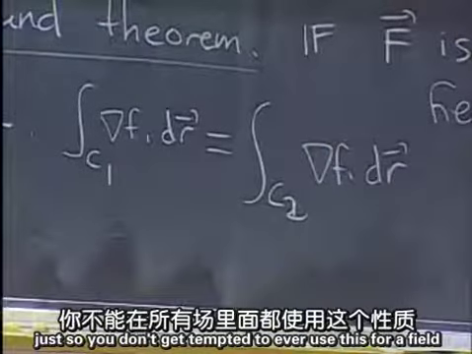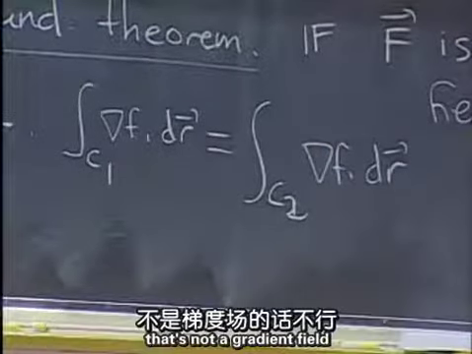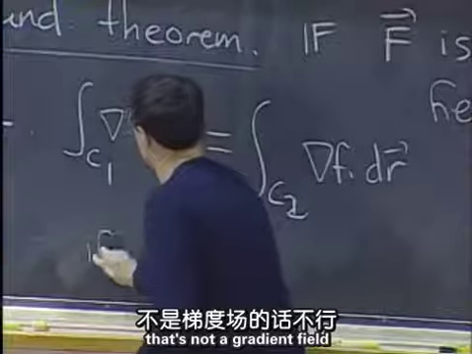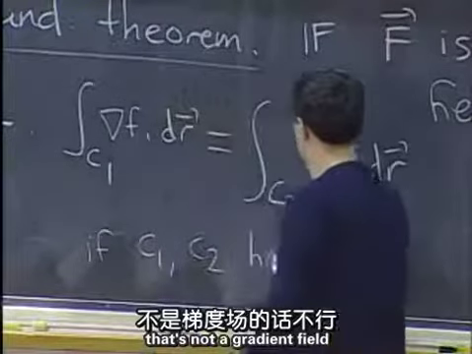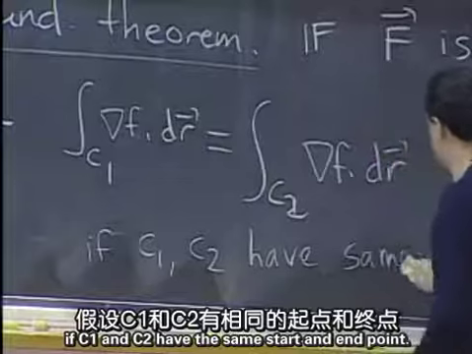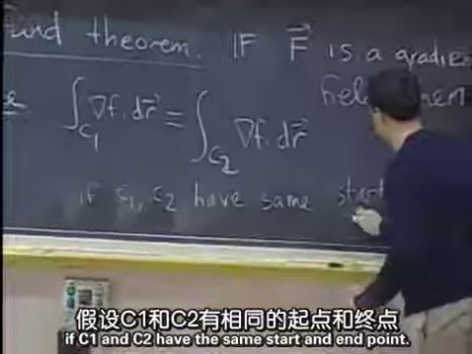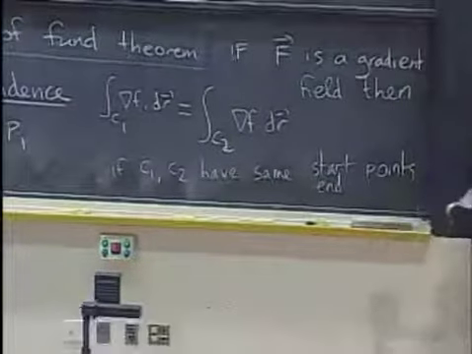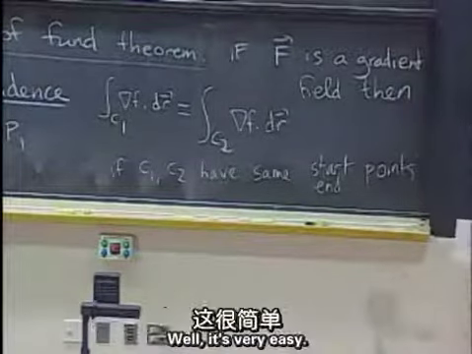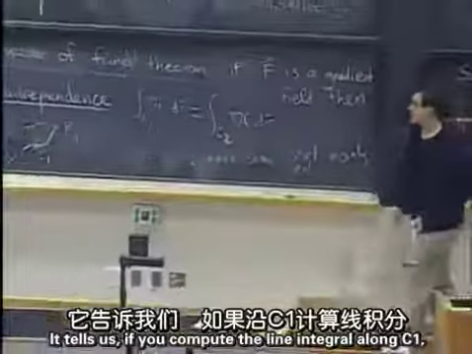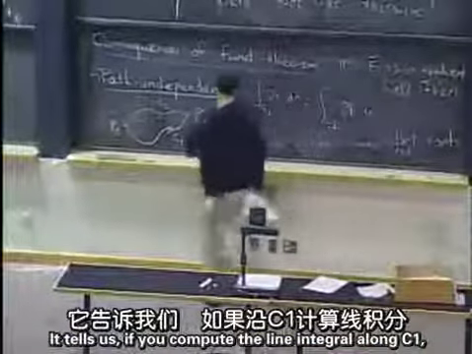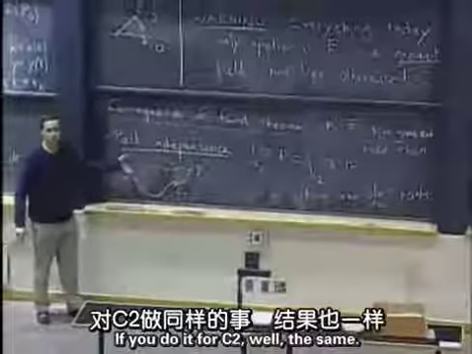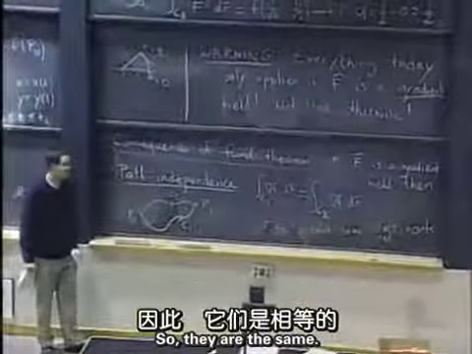Just so you don't get tempted to ever use this for a field that's not a gradient field. If C1 and C2 have the same start and end points. Okay, how do we prove that? Well, it's very easy. We just use the fundamental theorem. It tells us if you compute the line integral along C1, it's just f at this point minus f at this point. If you do it for C2, well, same. So they're the same.